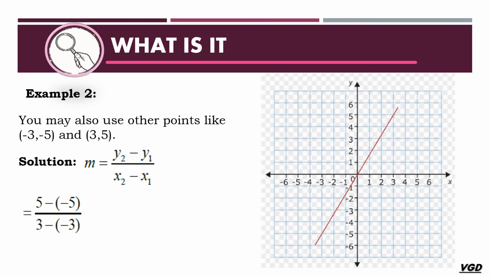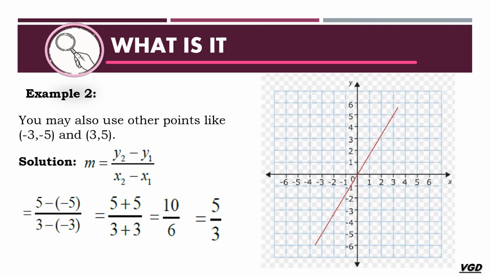And once again, you have to remember the rule in subtracting unlike signs. So we will have 5 plus 5 over 3 plus 3, in which the answer will be 10 over 6. And take note, we can still reduce 10 over 6 to lowest terms. So we will have the answer 5 over 3.